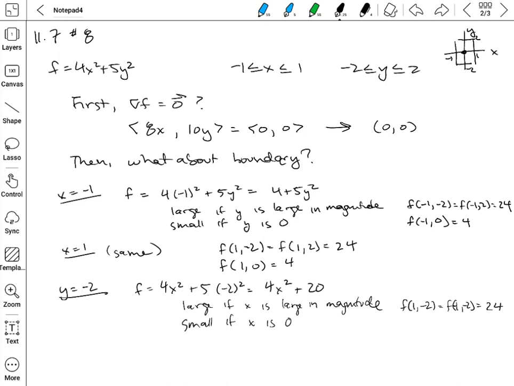So since right now I'm looking at y equal minus 2, and I already looked along these two x edges, I'm getting that same idea that these corners give me high values of f. And then when I plug in x equal to 0, f of (0, -2) gives me 20.